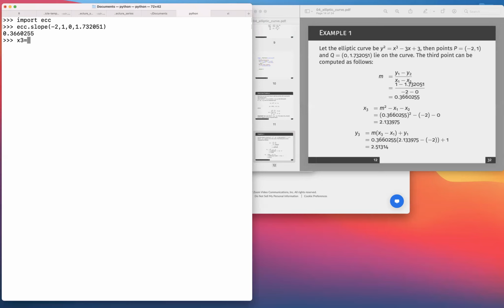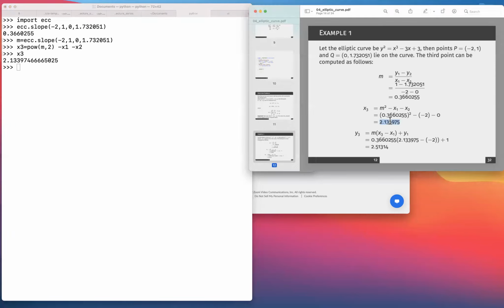Now we just use the formula in order to get x3. Before I do that, I have to assign this to m. So x3 is equal to m raised to the power of 2 minus x1 minus x2. So x3 equals 2.133.